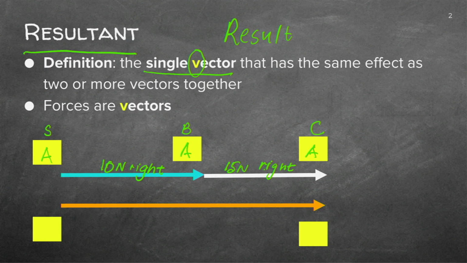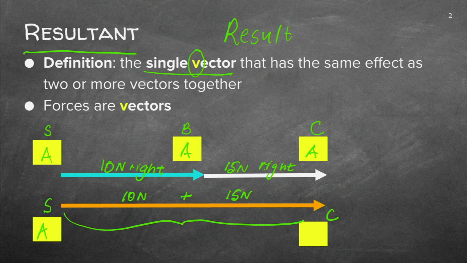Well, I took A from point S to point C, and I used 10 newtons and 15 newtons, both of them to the right, so I can actually add them together. The resultant will thus be 15 plus the 10, which is 25 newtons to the right.